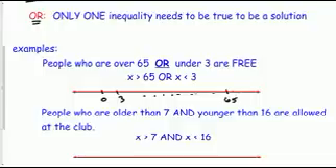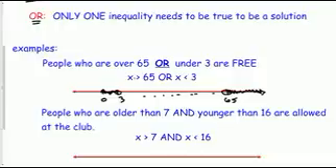Anyone who's older than 65, so 67, 68, 69, and so on, but not actually equal to 65, so I'm going to use an open circle there, or anyone who's under 3. So younger than 3, obviously we can't have negative ages, so we would have to stop at 0.